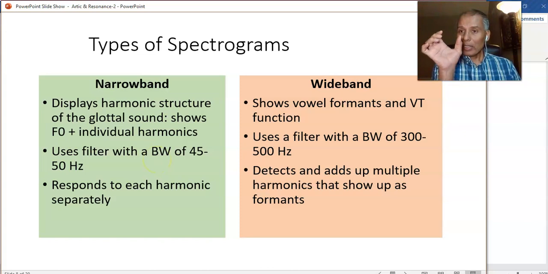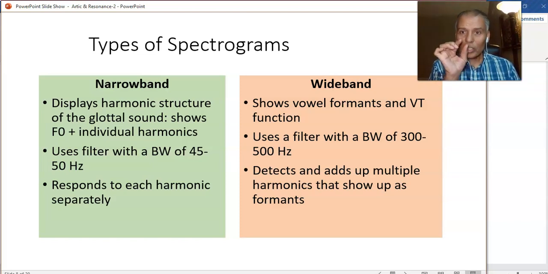So remember, the bandwidth, when you put it, it's going to be divided. So let's say it's 50 hertz. Say the vocal tract resonant frequency is 500, for example, and the filter decides to only accept 25 hertz below that frequency or 25 hertz above.